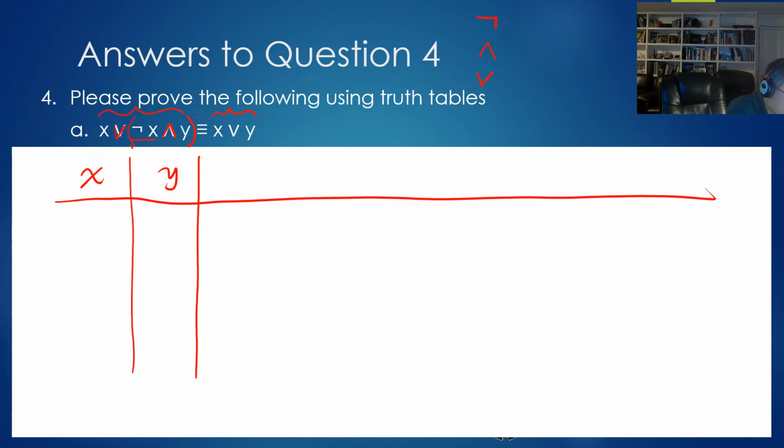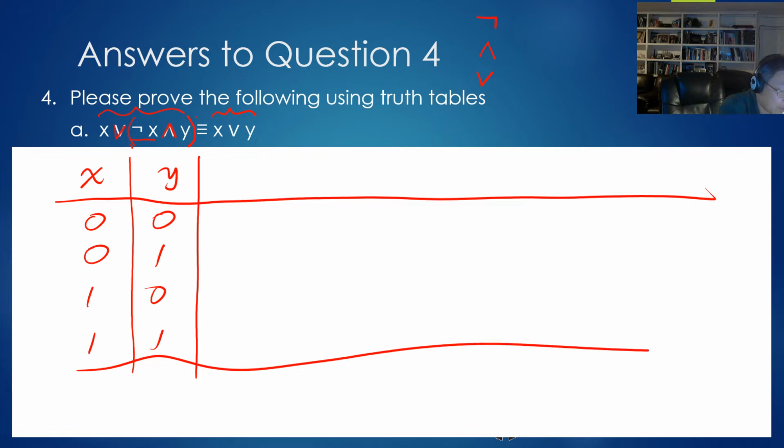So you have x equals 0, y equals 0; 0, 1; 1, 0; 1, 1. A very small table. The first one we need to evaluate is negation of x, which is just the opposite of the value of x. So if x is 0, negation of x is 1. 0 gives 1, 1 gives 0.